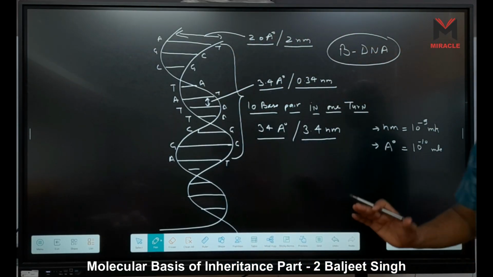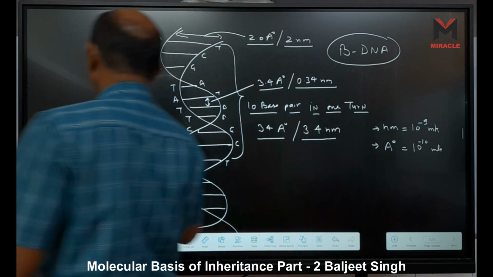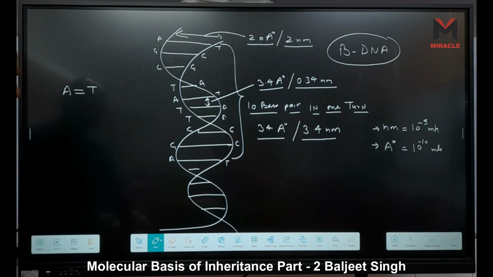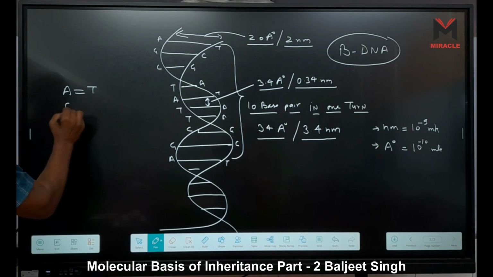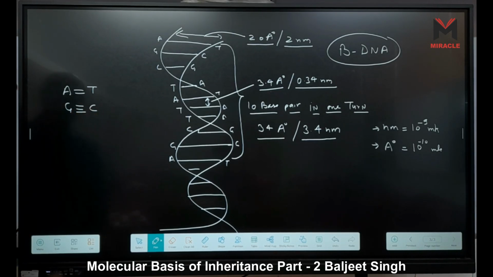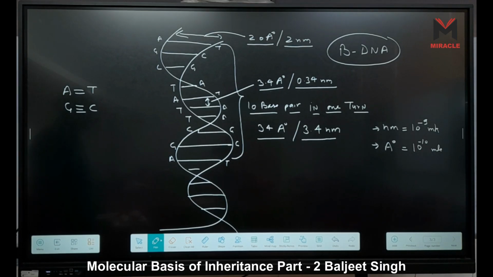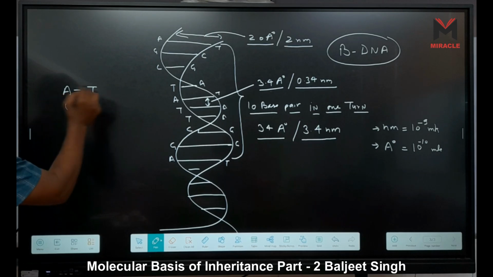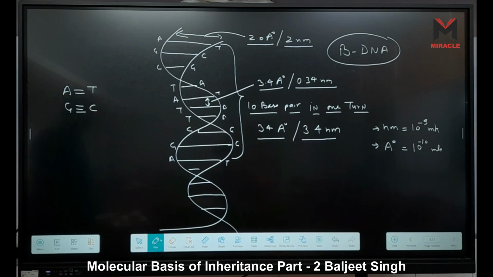You understand this one. Adenine, I already told you, binds with thymine through a double bond, and guanine always binds with cytosine through a triple bond. Adenine is always equal to thymine, and guanine is always equal to cytosine.